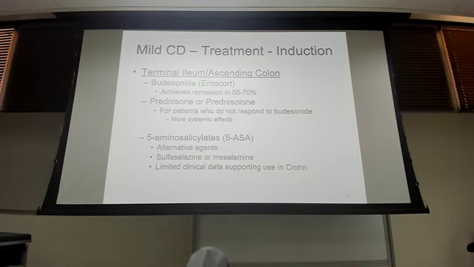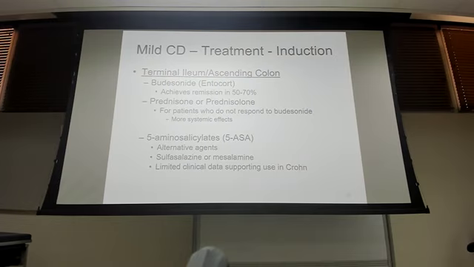You're going to induce remission with budesonide, and that's oral budesonide, which will come into play when we start talking about ulcerative colitis. If they fail budesonide for terminal ileum, ascending colon induction, then we'll move on to prednisone, if they don't respond, and have more systemic effects. But budesonide is your first line.